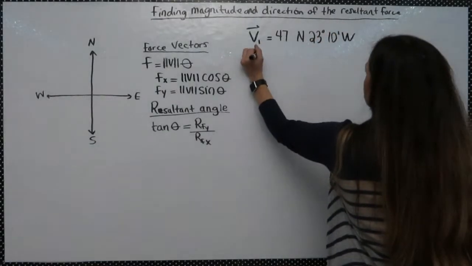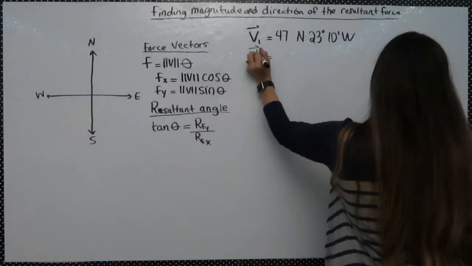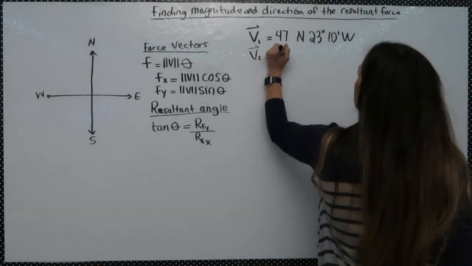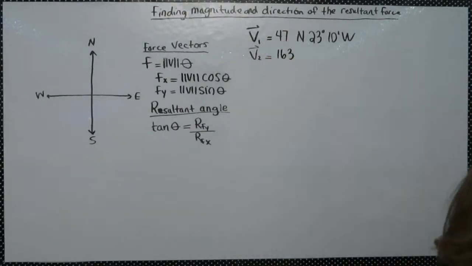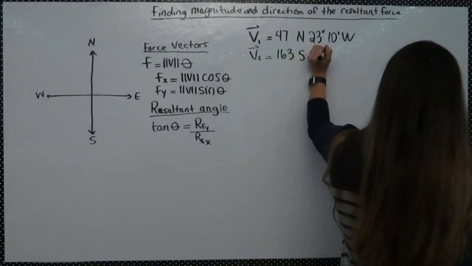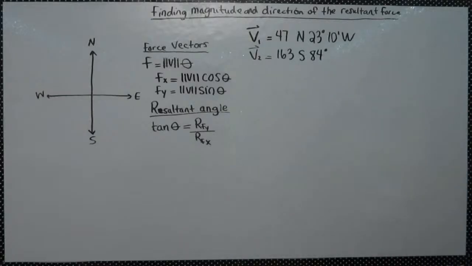And then vector 2 is 163 pounds. And it's acting south 84 degrees and 30 minutes west.